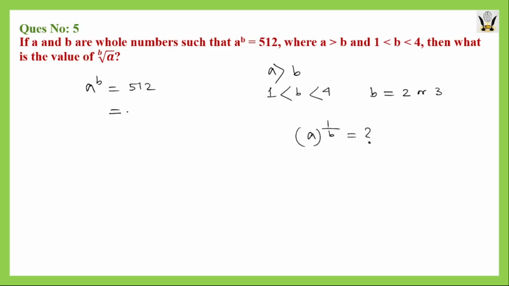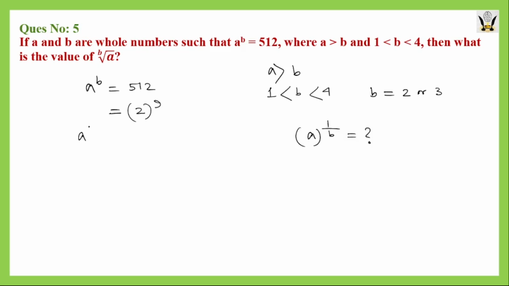So 512, we know that is 2 to the power 9. If we compare these two values, then we can say a is equal to 2 and b is equal to 9. A is equal to 2 is okay, but b is equal to 9 doesn't satisfy both the conditions, because here a is greater than b, so 2 is greater than 9, which is not true. And also b is either 2 or 3, because it lies between 1 and 4, so that is not possible.